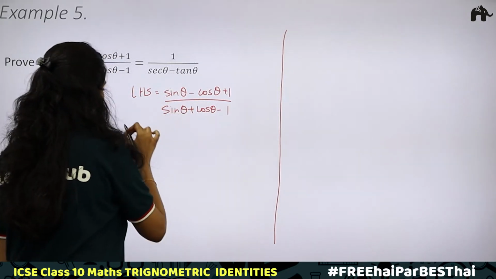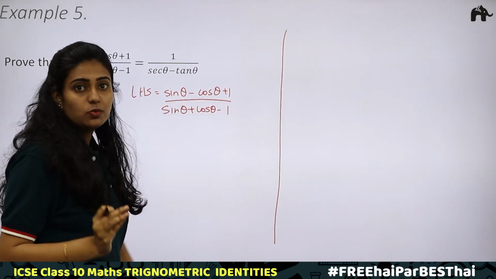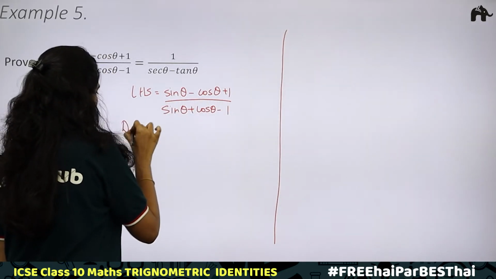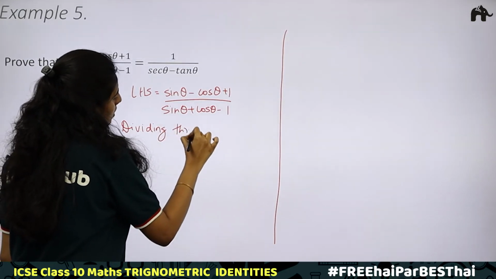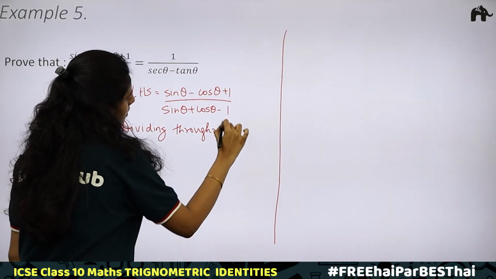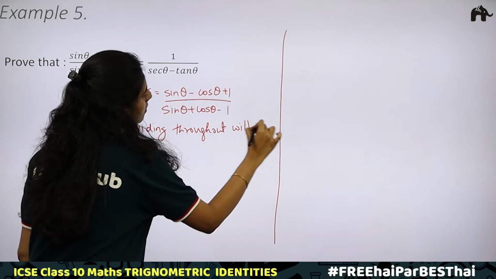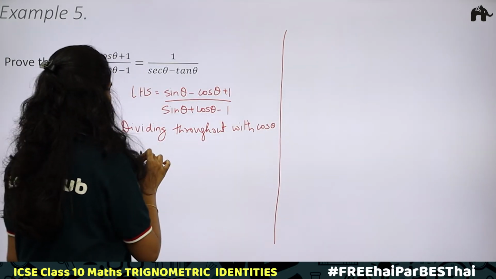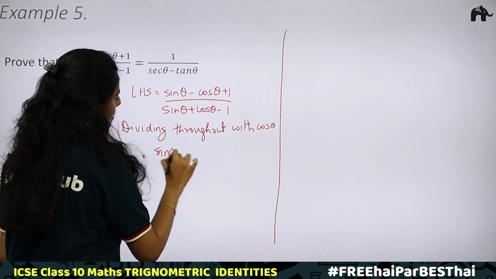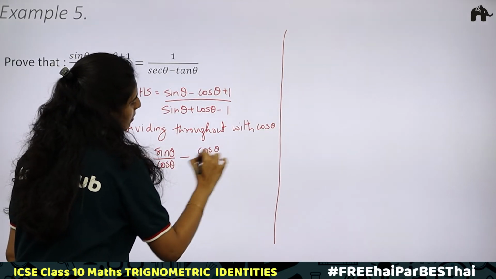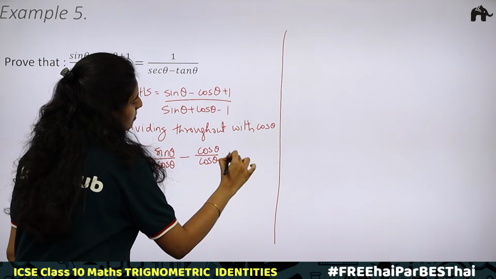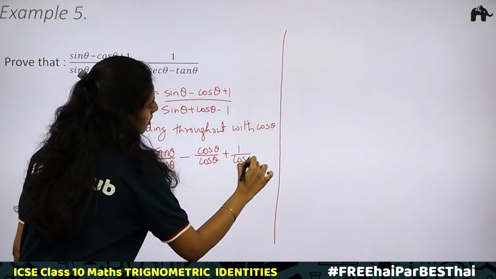For that, I am dividing throughout with cos theta. Then what do we get? Sin theta by cos theta minus cos theta by cos theta plus 1 by cos theta.